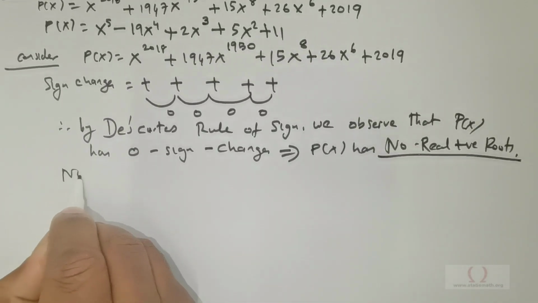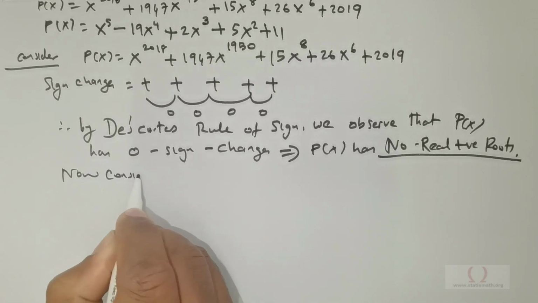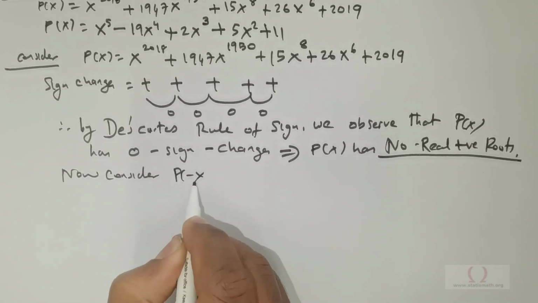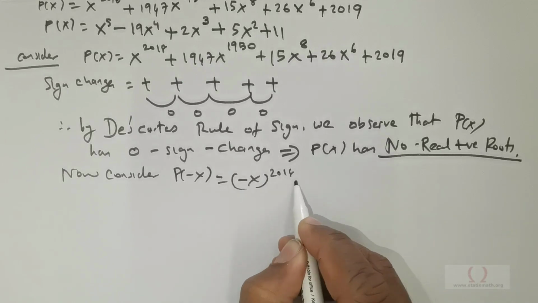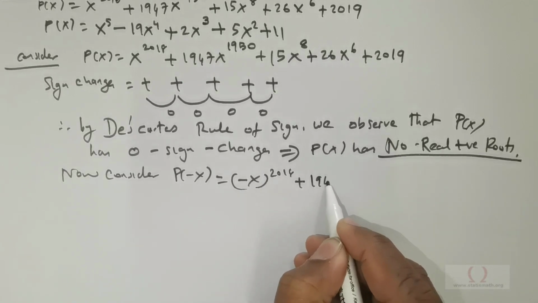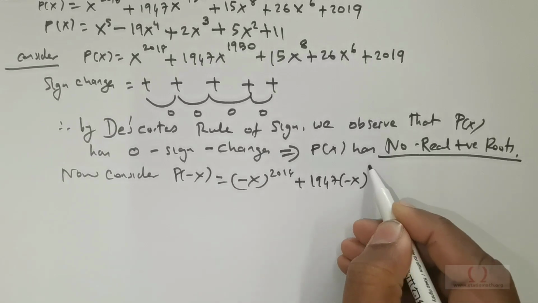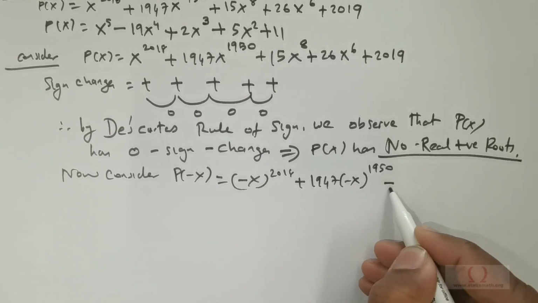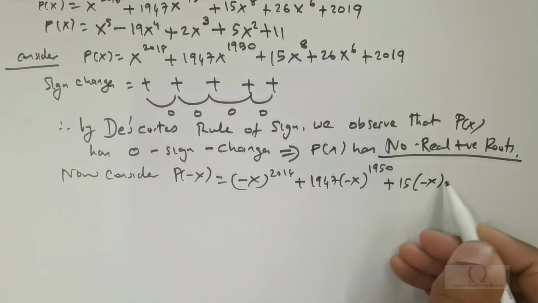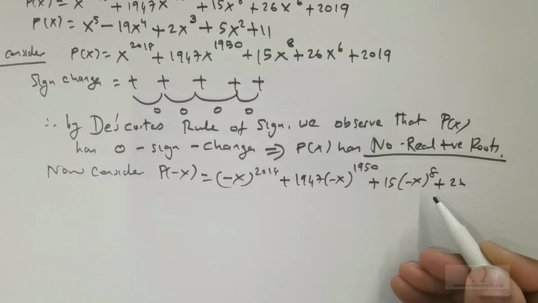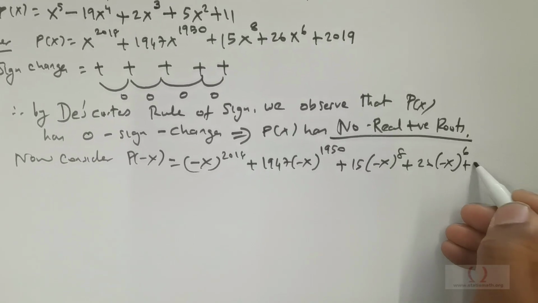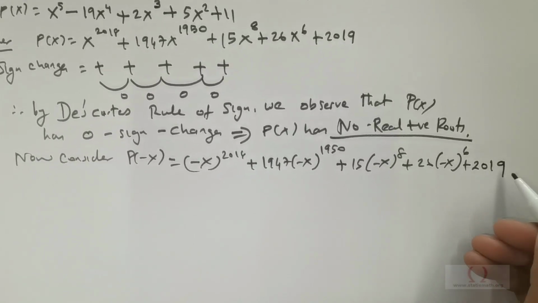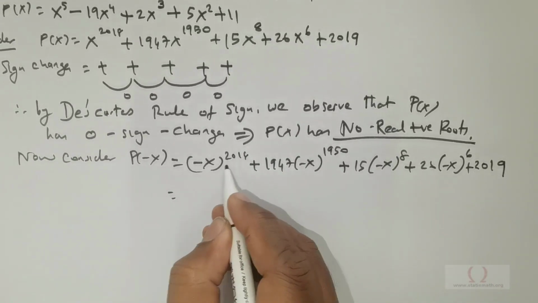Now consider p of negative x. So this is going to be negative x raised to the power 2018 plus 947 negative x raised to the power 1950 plus 15 negative x raised to the power 8 plus 26 negative x raised to the power 6 plus 2019. Now this number is even.